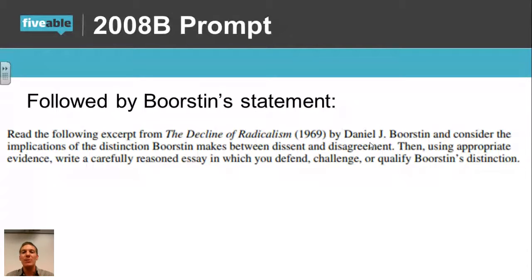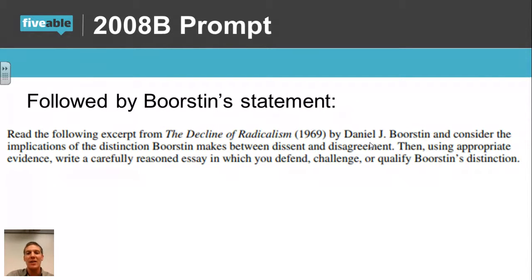So it's being very specific, but also very nuanced. If you just 100% agree with something, the question is, how hard are you actually thinking about it, or are you just blindly following? And likewise, if you 100% disagree, you challenge it. Can you concede somewhere where Boorstin is right, or whoever's argument you're analyzing?